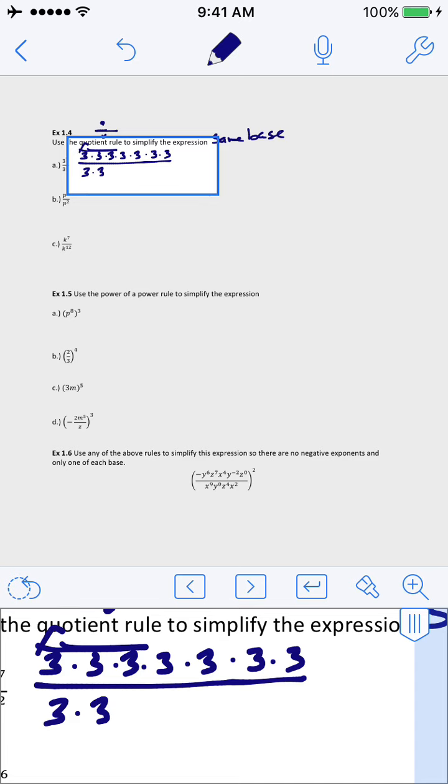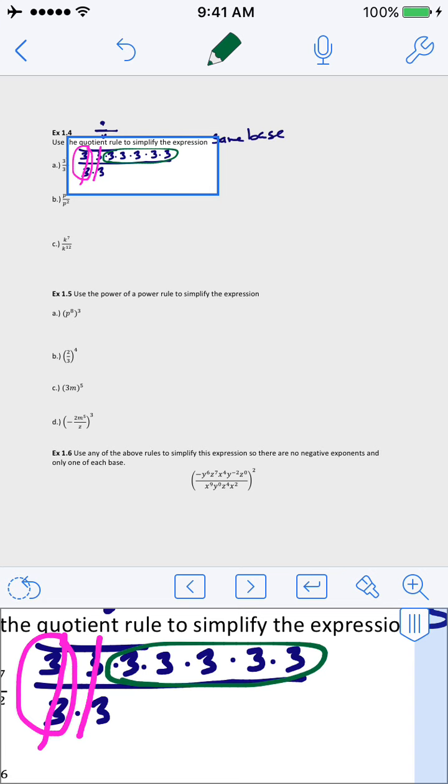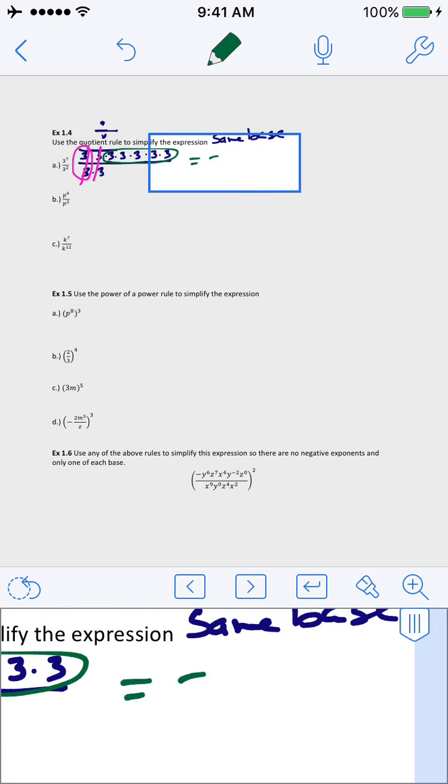So every time I have a 3 divided by 3, that's going to cancel out to 1. I'm going to multiply by 3 and then divide by 3, right? They go away. So I'm going to cancel out every instance of that I have. What I'm left with is 5 3's on the top. 1, 2, 3, 4, 5. Since I have 5 3's on the top, my result will be 3 to the 5th. So that's one way to think about it, the canceling way.